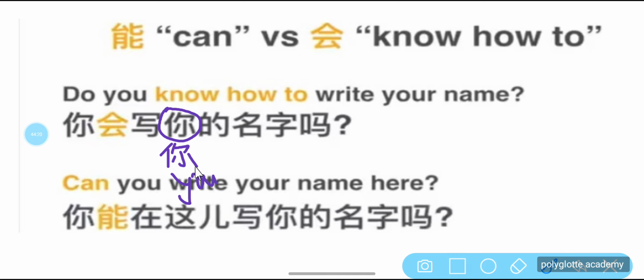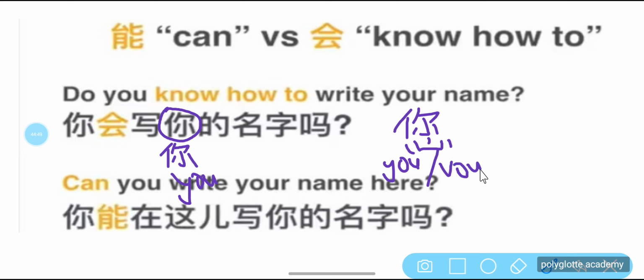Just for explanation purposes, I will reiterate with ni. If you add this character, it becomes nin, which is you, respectful.